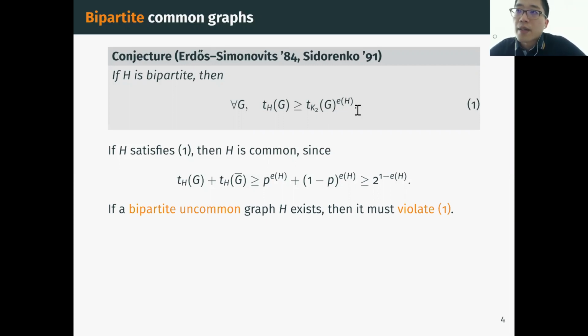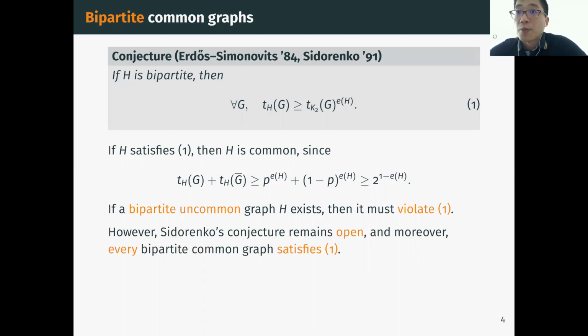And hence, if I find a bipartite uncommon graph, then I disprove Sidorenko's conjecture. But Sidorenko's conjecture still remains open, which means we have no bipartite uncommon graph so far. And moreover, every bipartite common graph satisfies this inequality, which means for the bipartite case, we are totally relying on the progress on Sidorenko's conjecture.